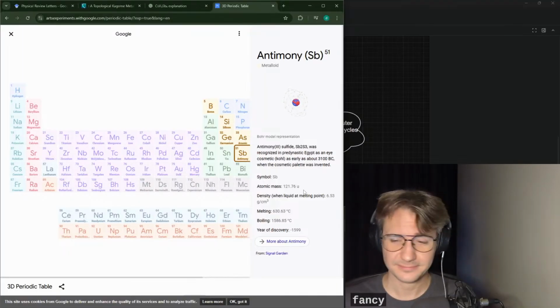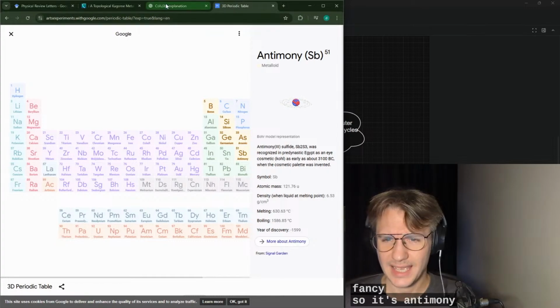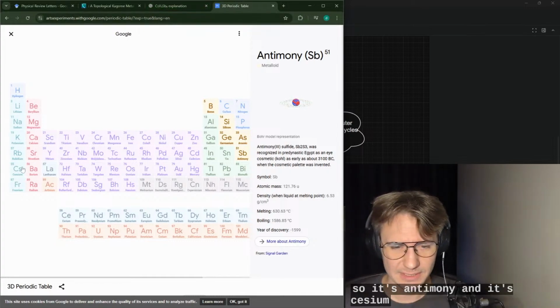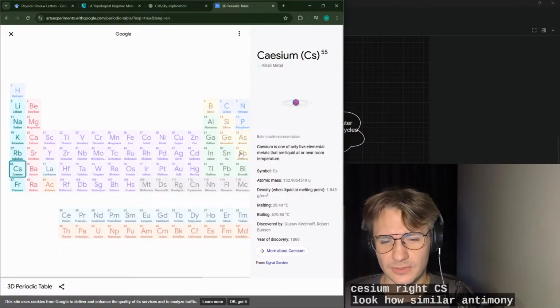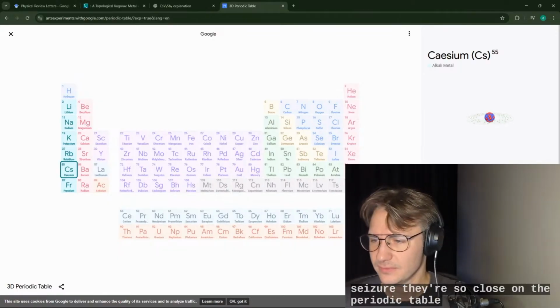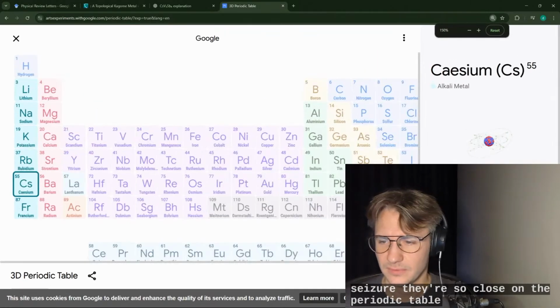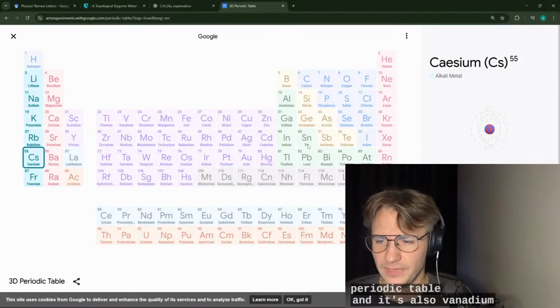Fancy. So it's antimony, and it's cesium, right? Look how similar antimony and cesium are. They're so close on the periodic table. And it's also vanadium. Where's vanadium? Is it also close by?